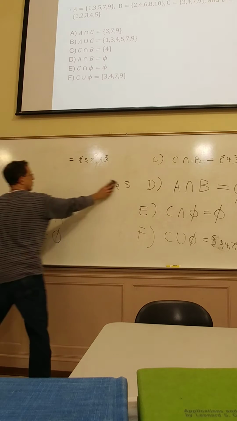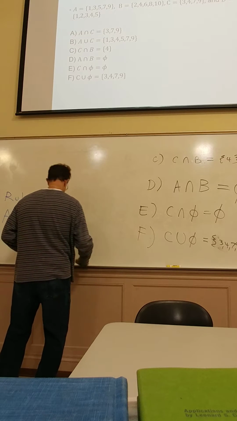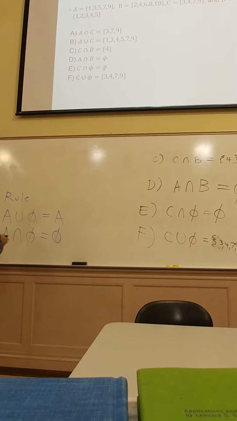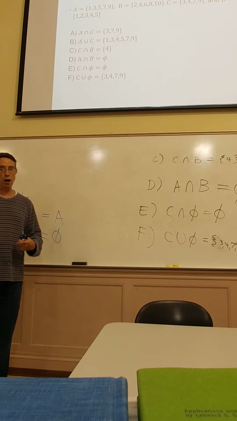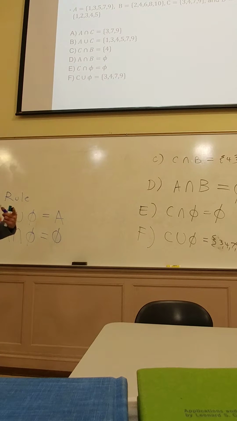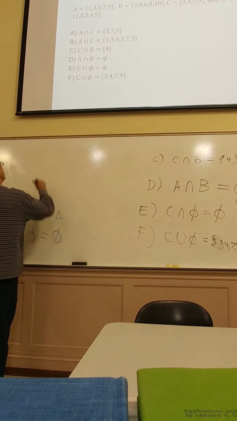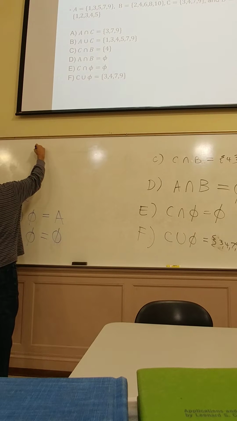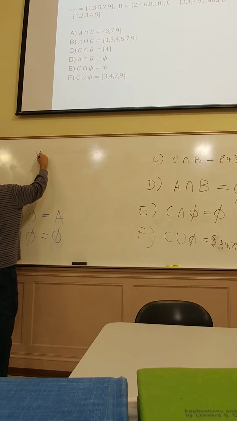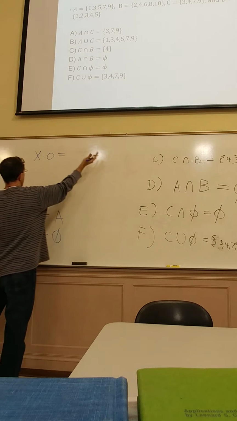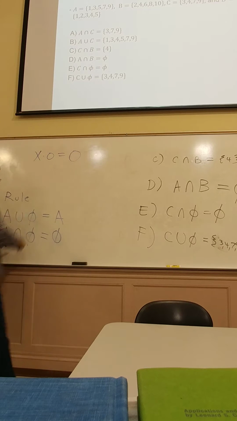But I mean, think about how in our number system, in our math, we have the concept of 0 and we have the number 0. If we multiply any number, we'll call it x, by 0, the result is 0, regardless of what that number is, right?